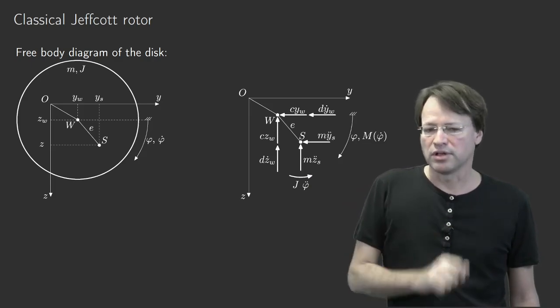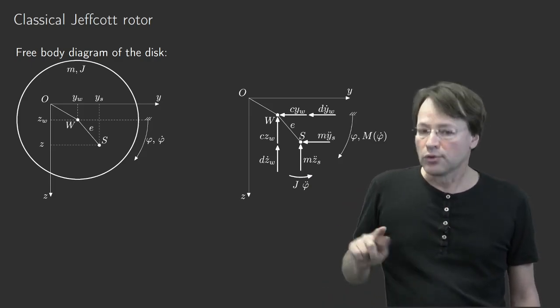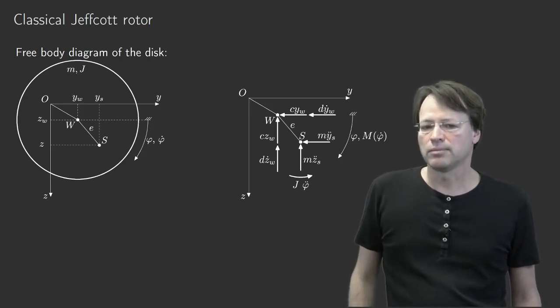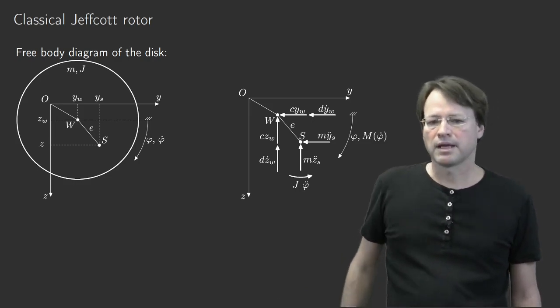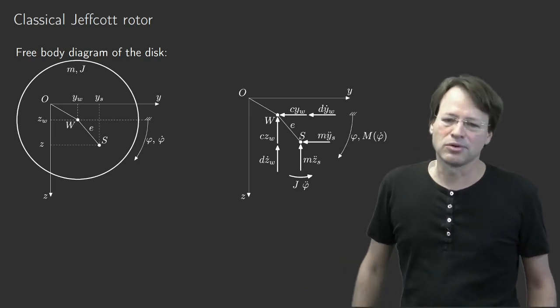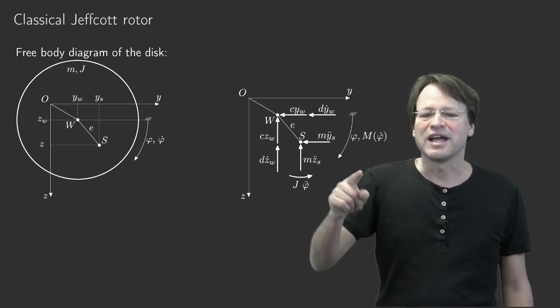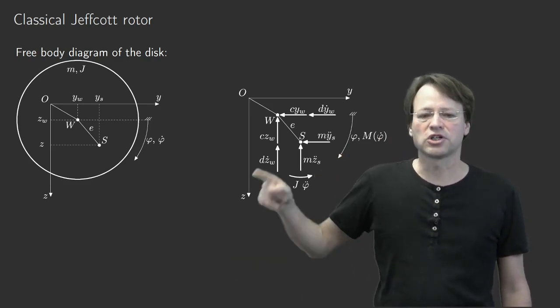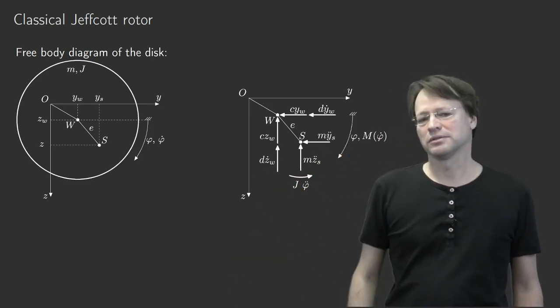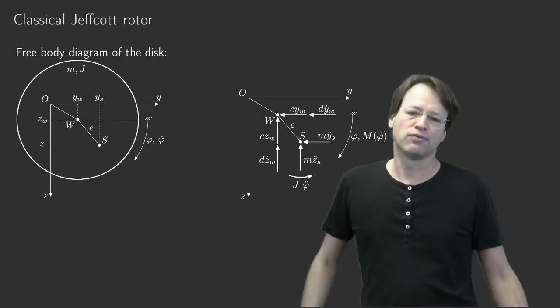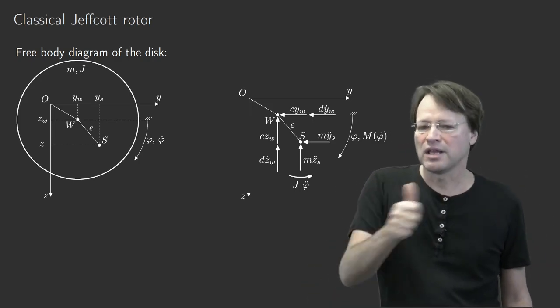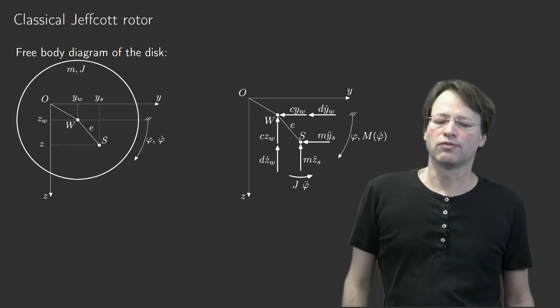So these are 2 degrees of freedom. And the third degree of freedom, which is, I would say, so clear somehow that one forgets about it, is the angle phi, the angle of rotation of that rotor. So it's a rotor, so it will rotate, and therefore will have at least 1 degree of freedom.